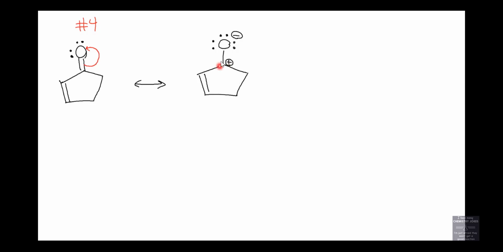This carbon has less than an octet and it's next door to a pi bond. So I'm going to treat this carbon like my hinge, and I'm going to swing electrons that direction. The electrons from this pi bond go that way. So I get this.